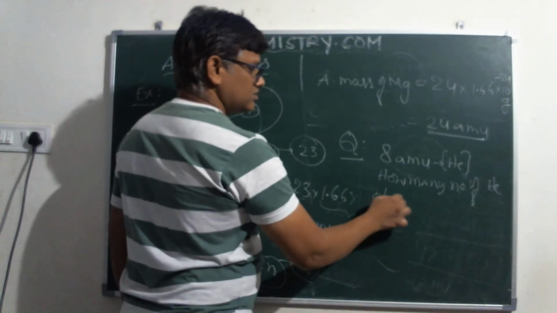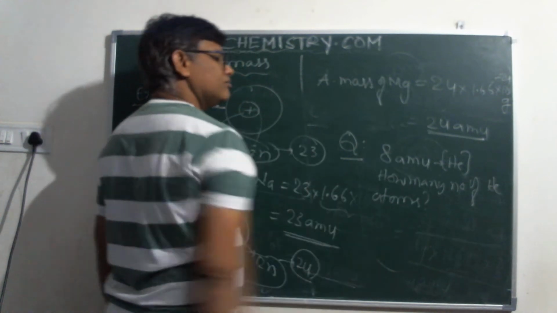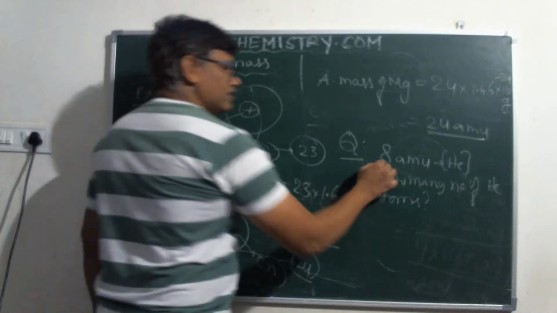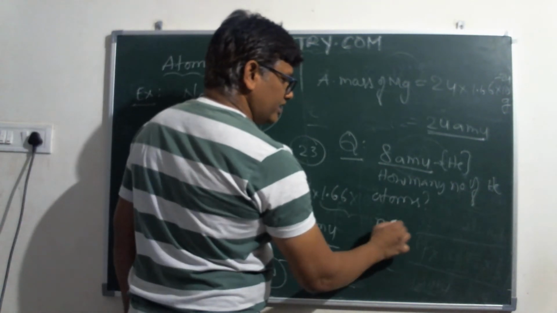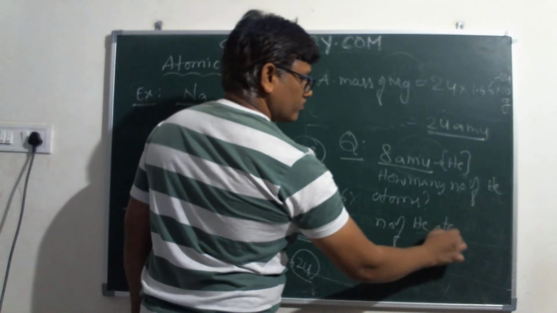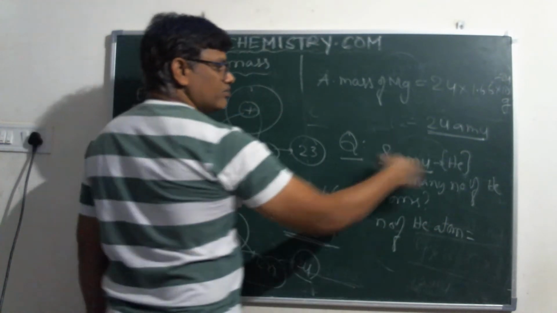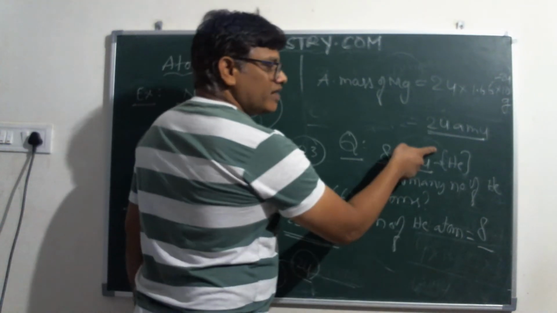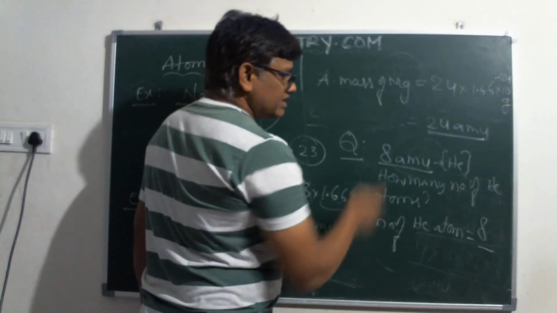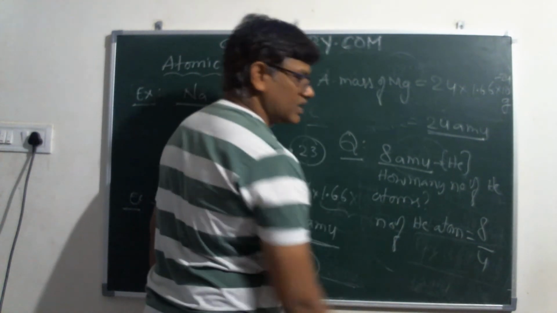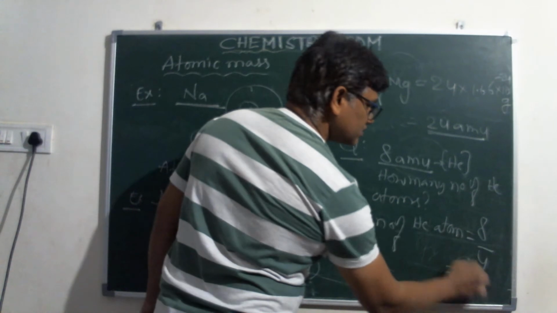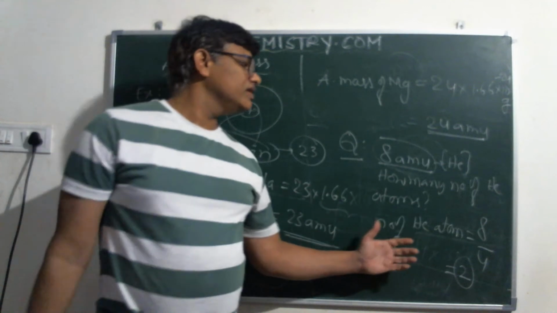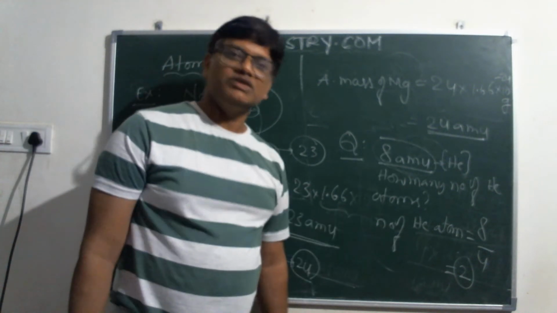The number of helium atoms is equal to the given mass in AMU, 8, divided by the mass of one helium atom in terms of AMU, which is 4. That is equal to 2 helium atoms in the given 8 AMU mass. So like this, the calculations will be given in terms of atomic mass unit.